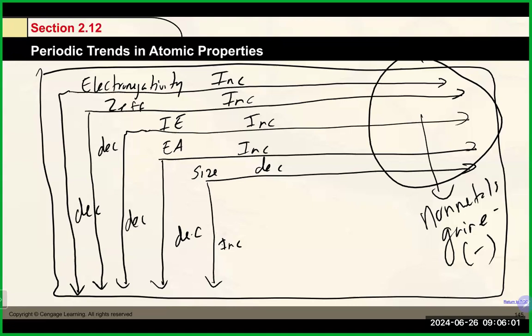As we go to the opposite end of the periodic table, to the left and down, we have basically all the opposite trends. I'm a larger size, which means my outer electrons aren't feeling as strong of an attraction to the nucleus. They're not going to be held as tightly. They have less ionization energy. I don't really care that much about bringing electrons towards myself.